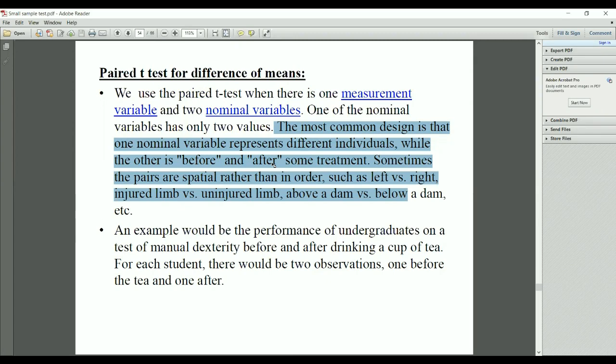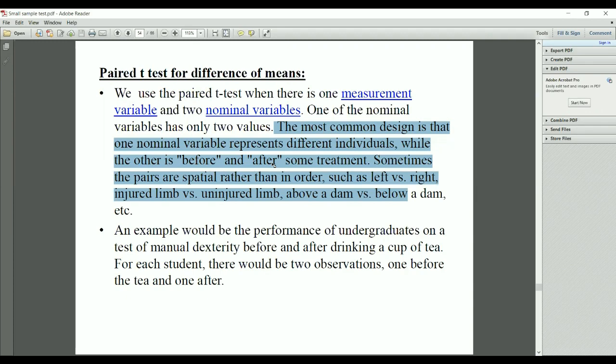Okay, दो different का नहीं कर सकते. If you are going for the mean of two different persons, we will go for the simple t-test. When we are going for the paired t-test, the individual should be the same. For example, we perform a test of manual dexterity on undergraduates before and after drinking a cup of tea.